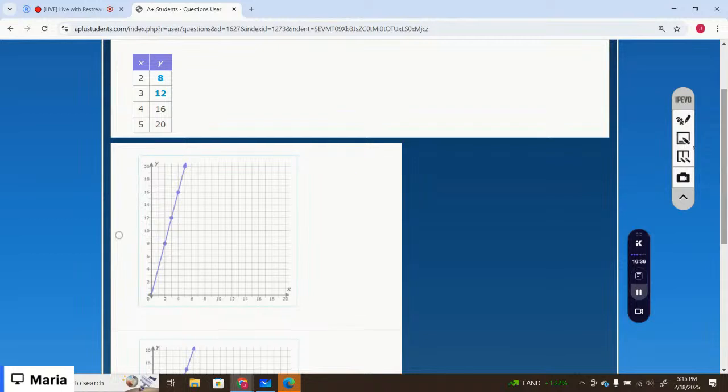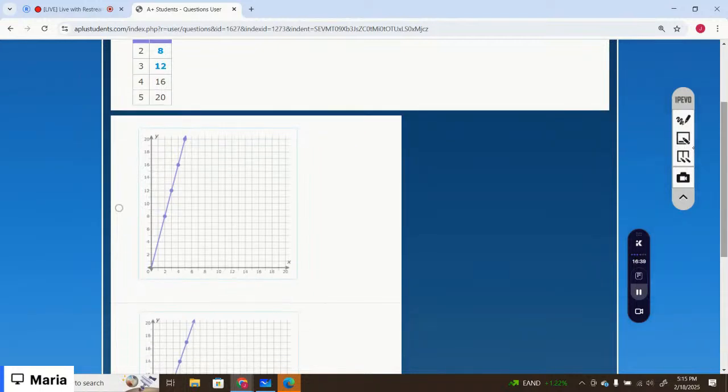You have to match the table of values with a graph. X is 2, y is 8. X is 3, y is 12. X is 4, y is 16. Option number 1 is the correct option. That is 2, 8, 3, 12, 4, 16. Option number 1 is the correct option.